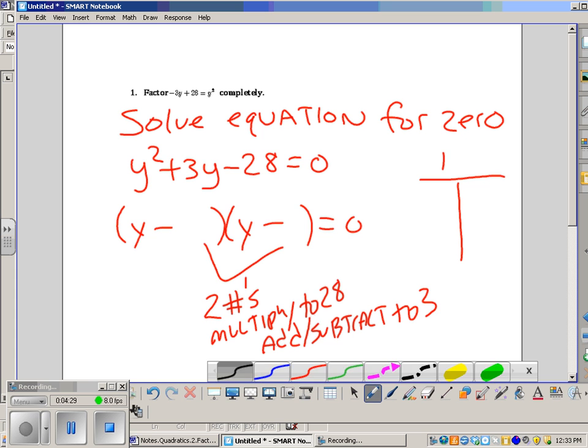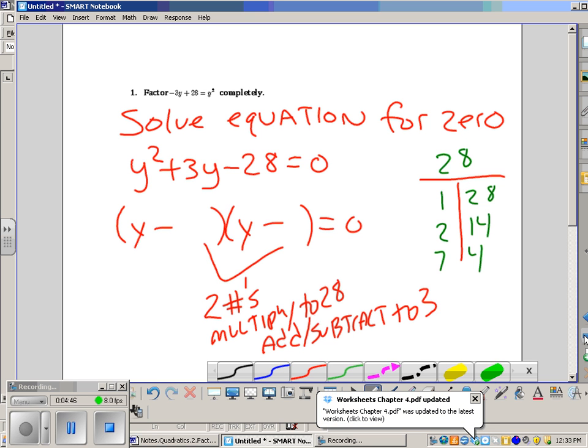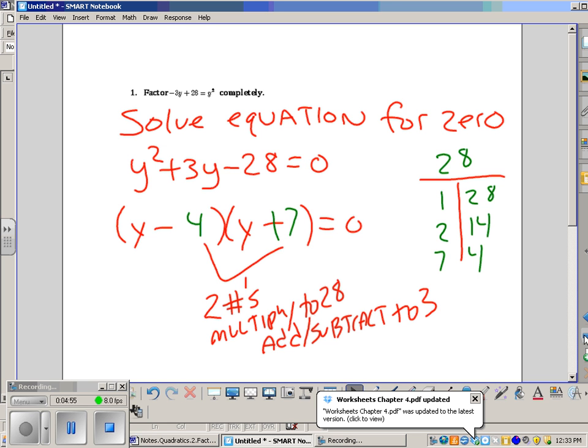If I want to do 28, all right, 28 days in the month of February, 28, 2 and 14, 7 and 4. So 7 and 4, they subtract to 3, and 7 times 4 is 28. So we'll do 4, 7, and if I make this positive, if I were to check my work, because we're done, we factored completely, if we were to do y times y, that's y squared.